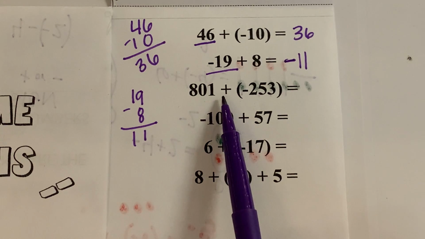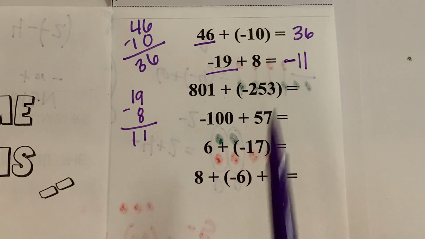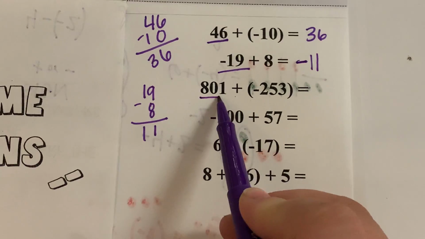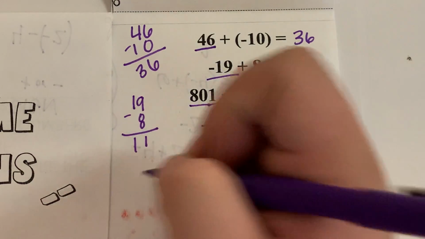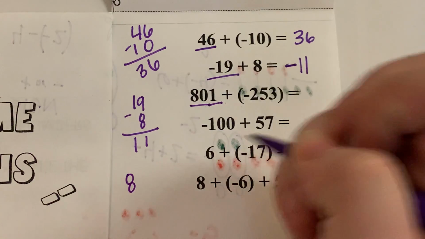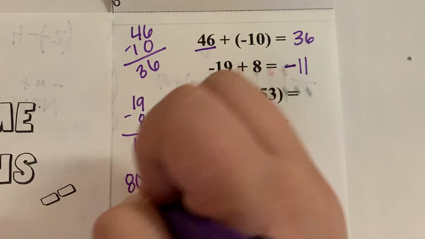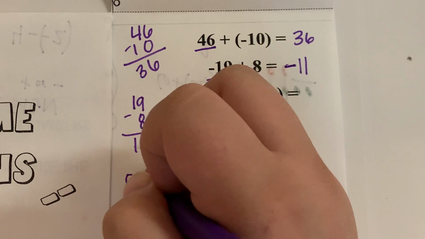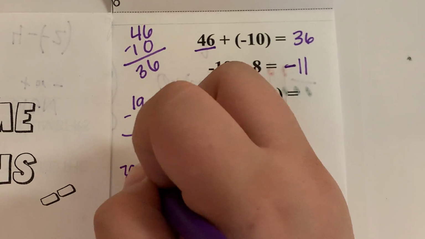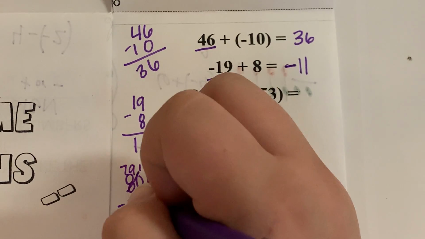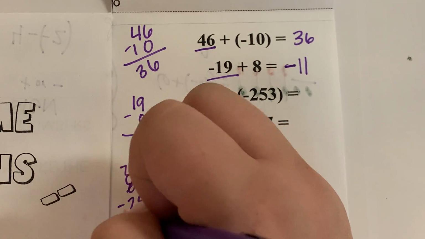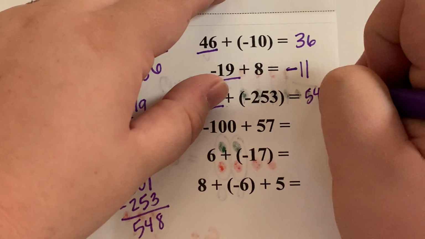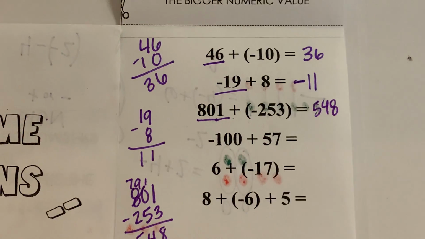If we did the dots on this one. Positive 801 plus negative 253. So is our answer going to be positive or negative? Positive. And then we can subtract. And the stronger number does not always come first.